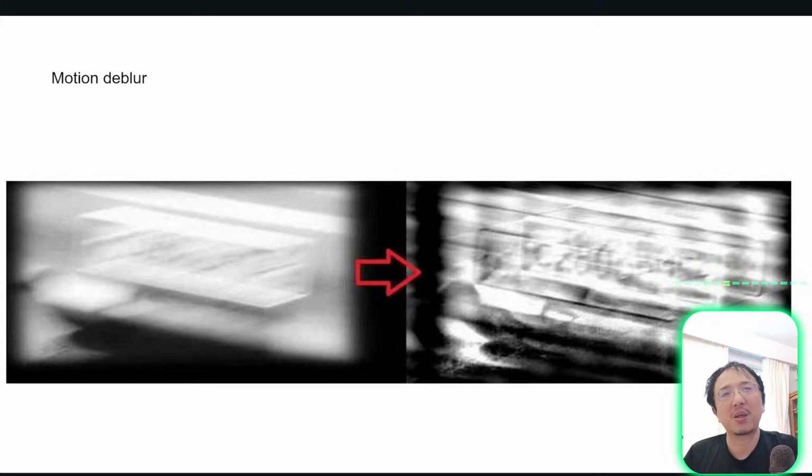So by using this motion deblur, this is probably also the best thing you can expect from this function. But as you can see, at least in this result, we can see the car plate more clearly and more readable. In this one, I don't think anyone can read the result right here, but at least we can see something.